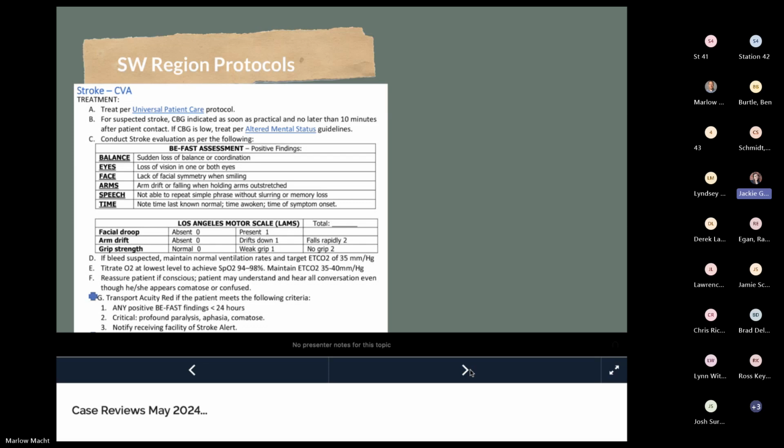If the patient is suspected to be a bleed, then we're going to be aiming the end tidal for rates of 35, and then titrating oxygen so that they don't develop any hypoxia, as that is known to be a bad outcome portender with this condition.